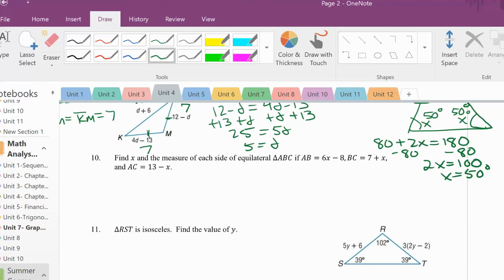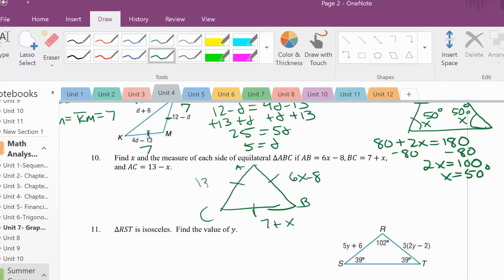So it says find x and the measure of each side of an equilateral triangle, which means all three sides are congruent. So this is A, B, C. That means they're all three the same. So AB equals 6x minus 8. BC is 7 plus x.